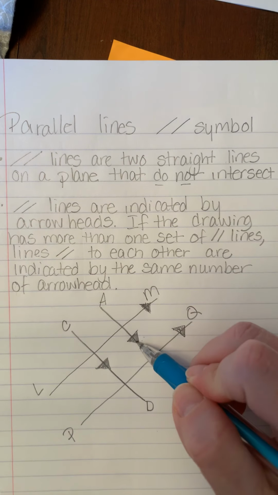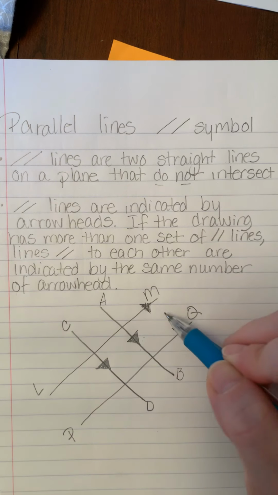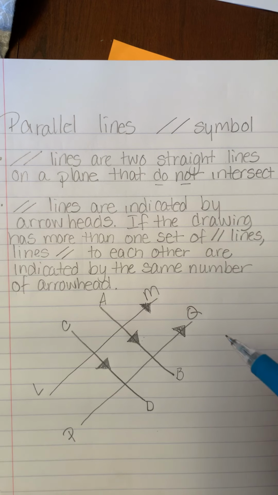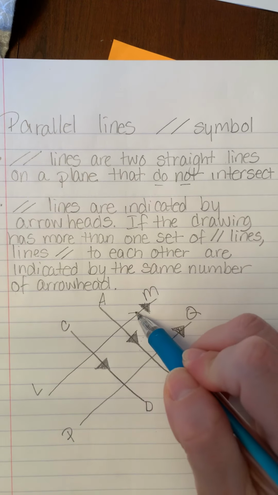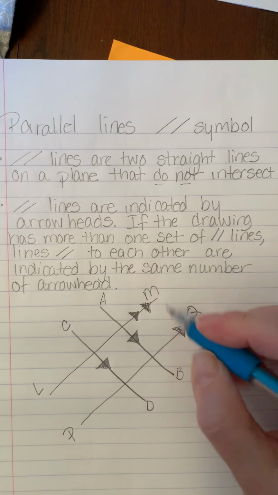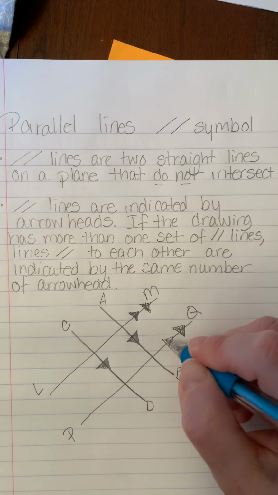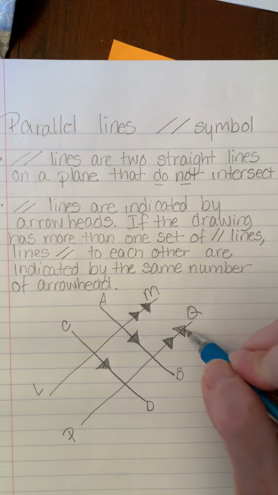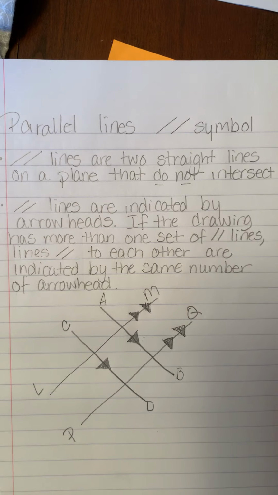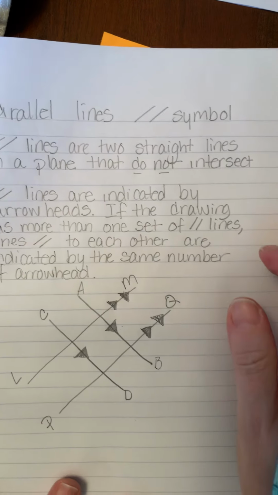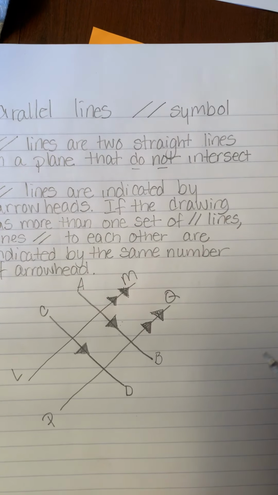If this is your first pair and this is your second pair, how many arrowheads should this have on it? Two. You are correct. We always put our arrowheads together, and we always have them going the same direction with each other, not opposite of each other.